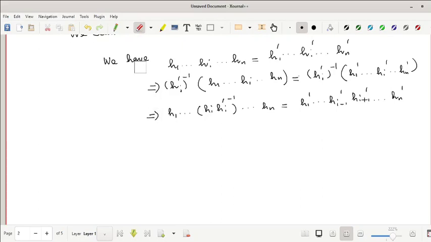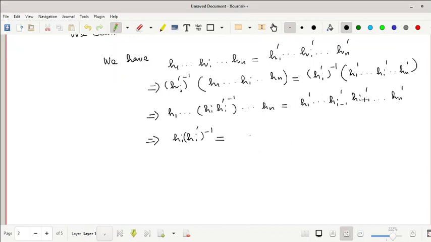You will get ultimately that your hi prime inverse, this will be equal to, now I will multiply by this inverse and so on.